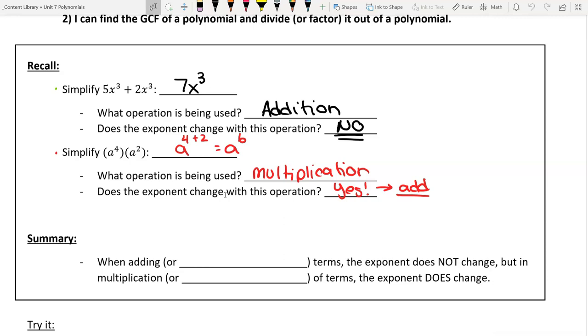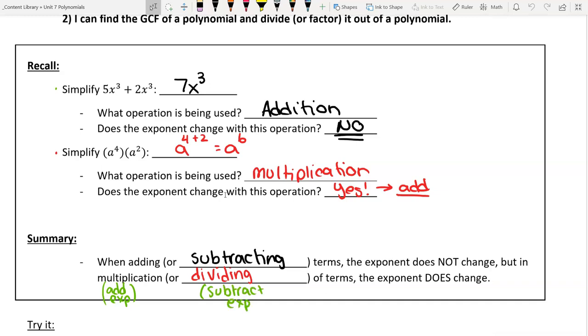When adding or subtracting, because those are buddies, when we are adding or subtracting terms, the exponent does not change. But in multiplying or dividing, because those are buddies, remember for dividing we subtracted, those exponents do change. So if you want to put that down below here, remember when we multiply things, we add the exponents. And when we divide, we subtract the exponents, if you want to jot that down.